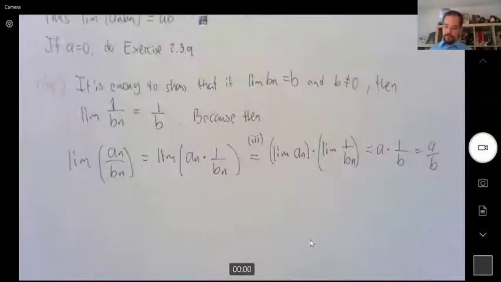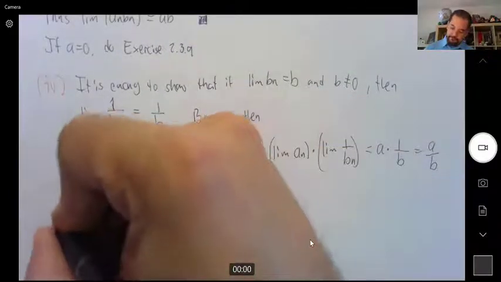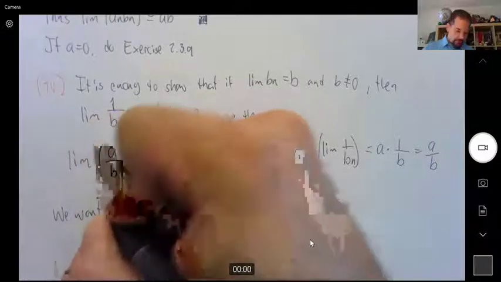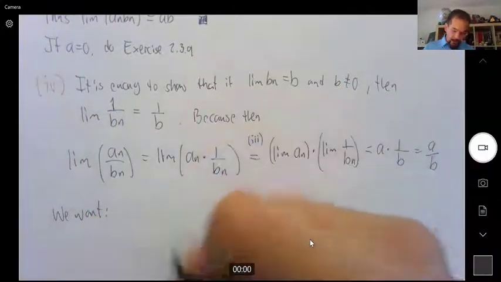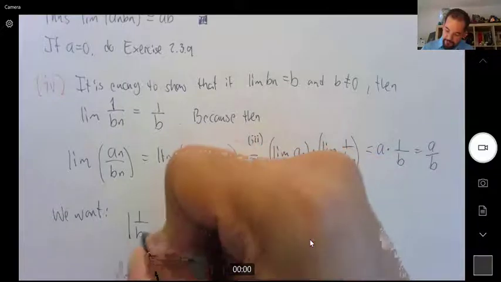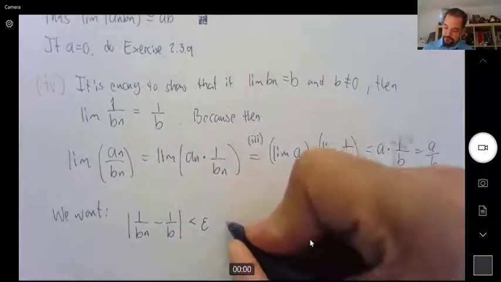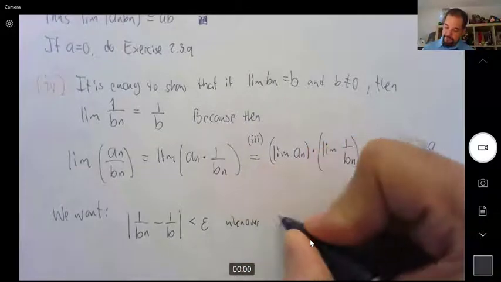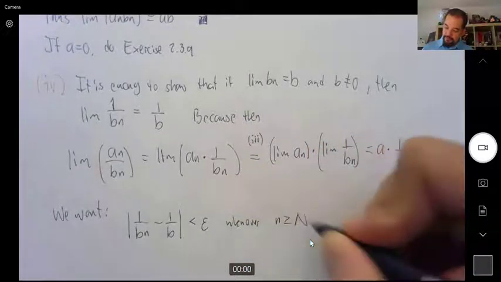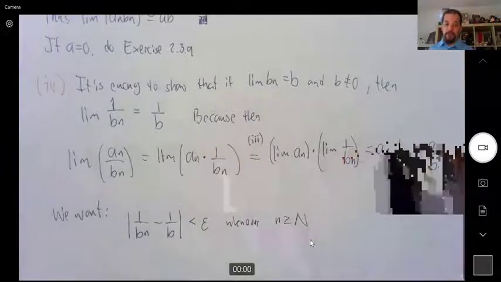Well, again, let's write out what we want. We want 1 over bn minus 1 over b to be less than epsilon whenever n is bigger than capital N, right? So I didn't write everything this time.